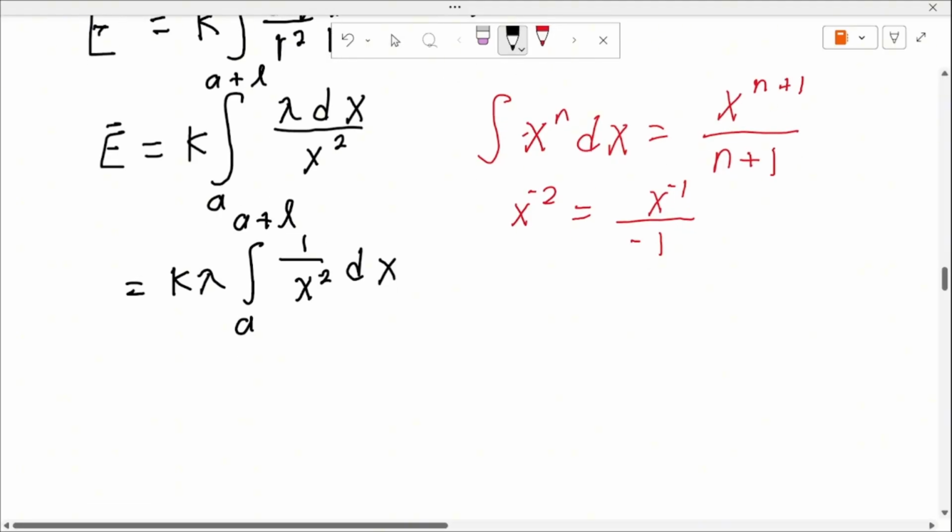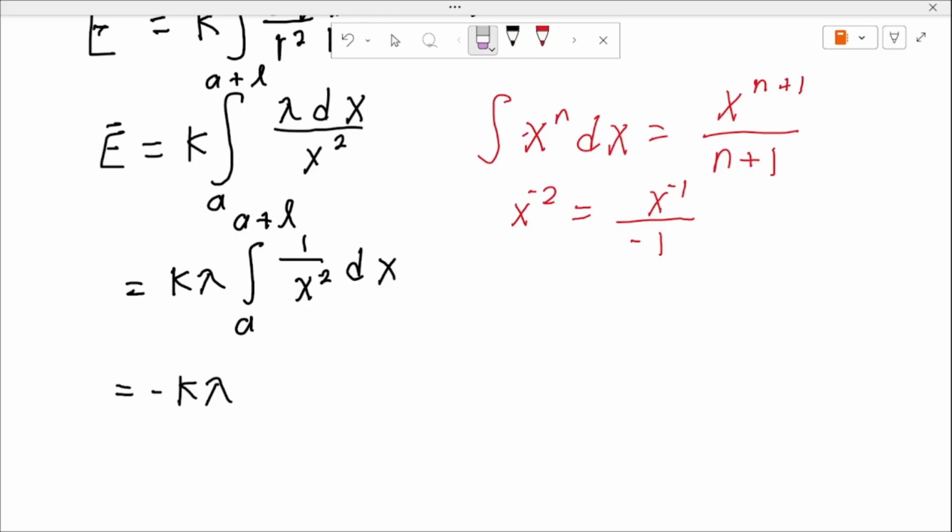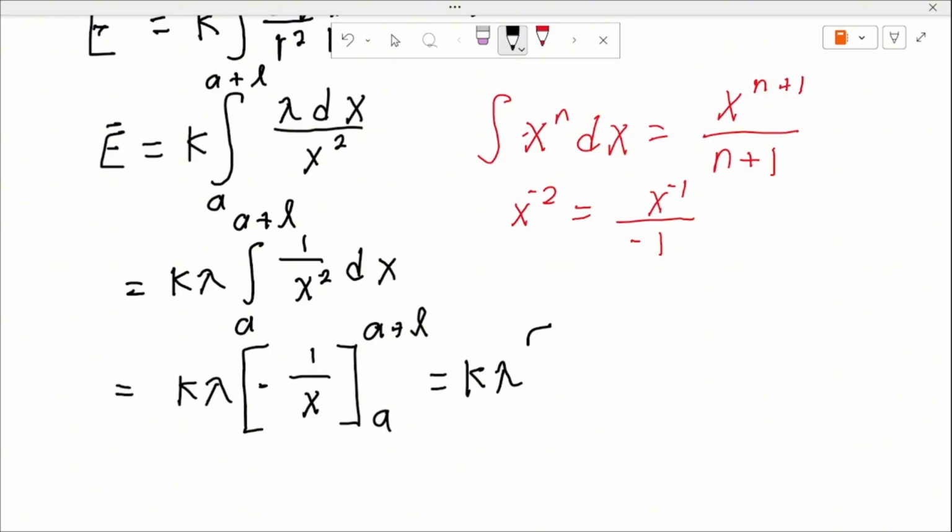So now this integral is equal to negative k lambda, or rather we'll leave the negative with the integral, k lambda, negative 1 over x evaluated from a to a plus L, which equals k lambda times, simply insert a plus L into x.